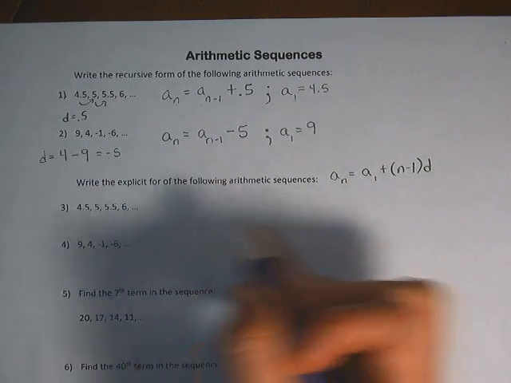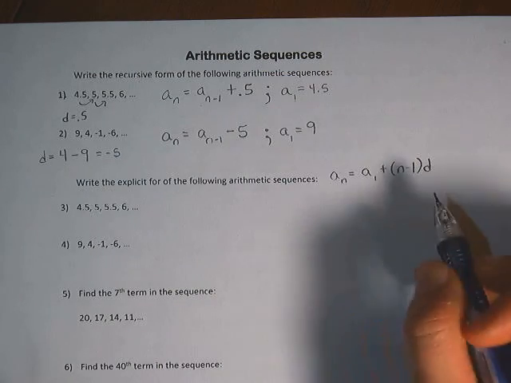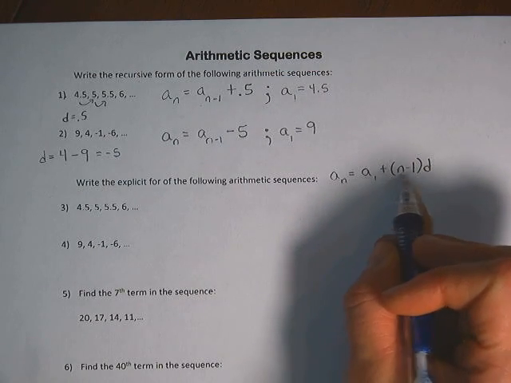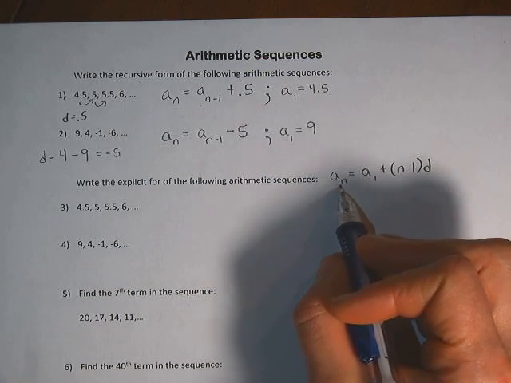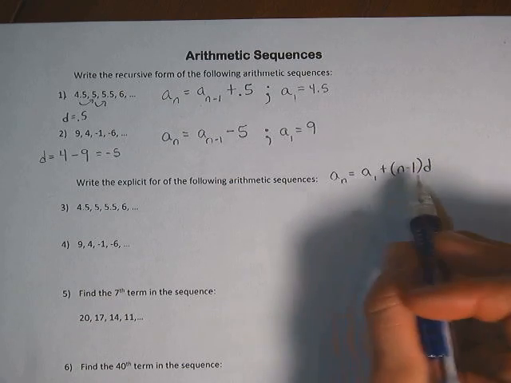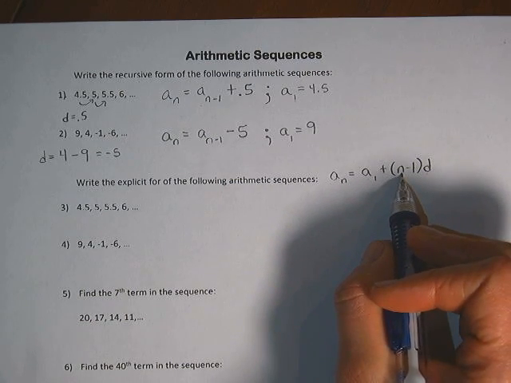So to be able to put it in explicit form, you've just got to find all of these pieces of information, okay? The only thing that you don't plug into when you're just writing the form is you don't plug anything in for this, and you leave the n the way it is, okay?